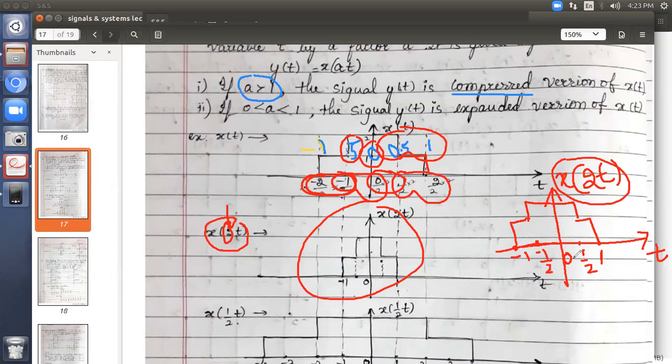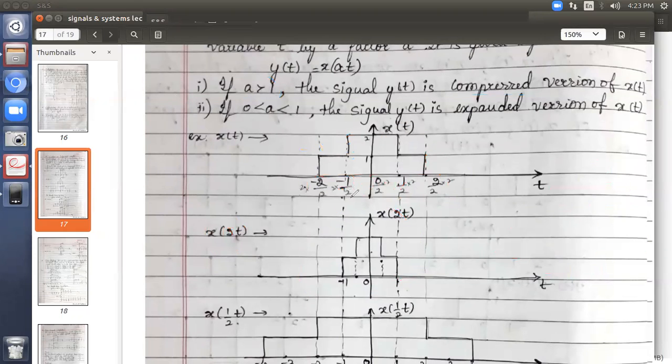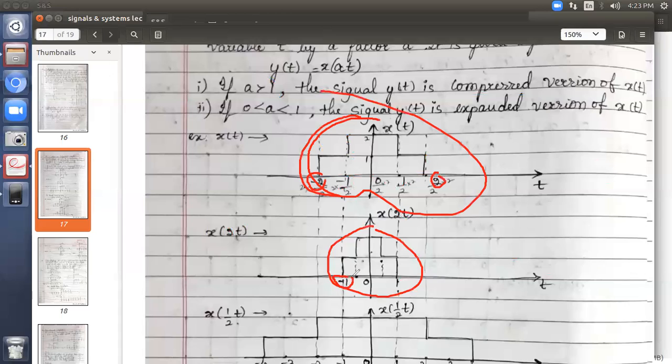The signal looks the same, just the time is different. If you compare this signal with this signal, both look the same. This is the original range, -2 to 2. The new range is -1 to 1. The signal got compressed in terms of time.